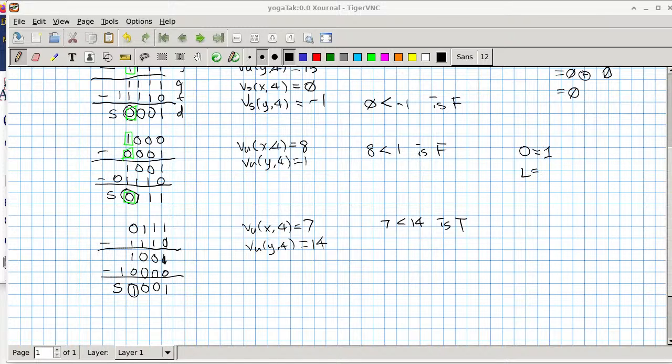And the L flag is S exclusive or with overflow, which in this case is 0 exclusive or with 1, which is 1. So according to this, because the L flag is a 1, it's telling us that VSX4 is supposed to be less than VSY4. Okay, so we want to figure out those two.